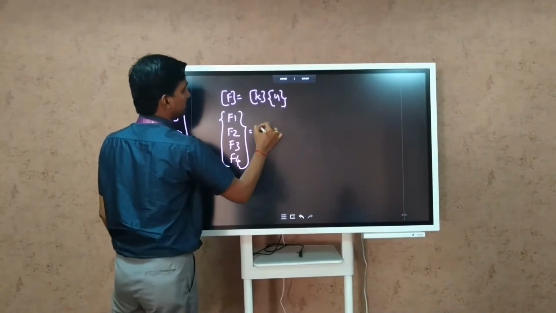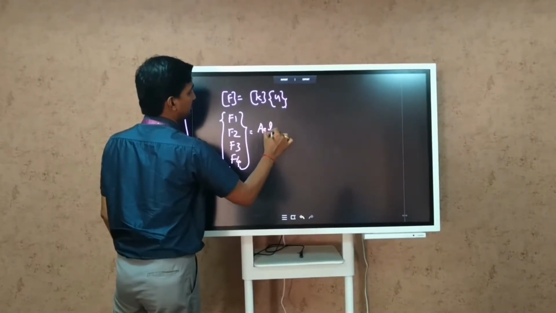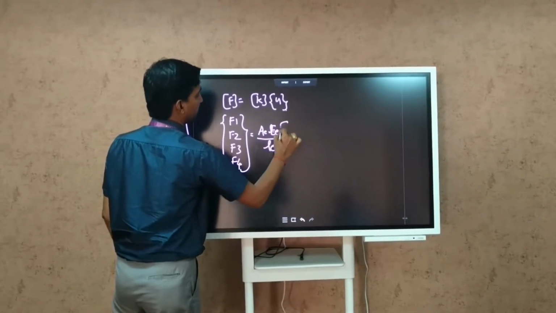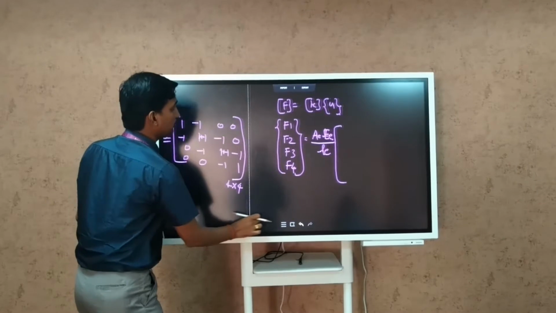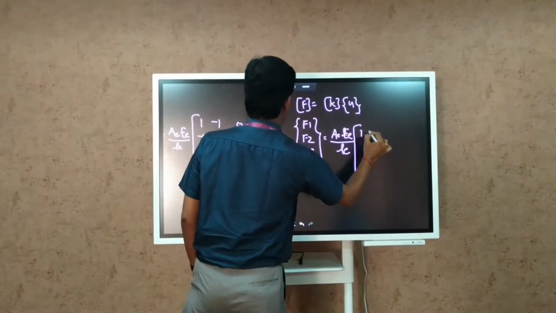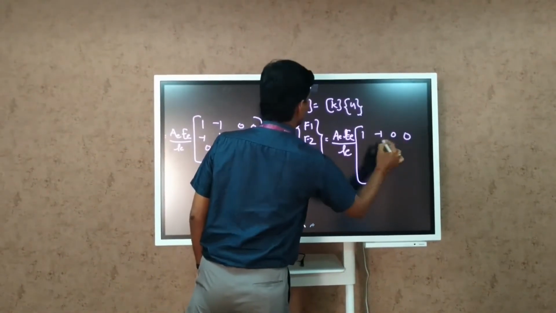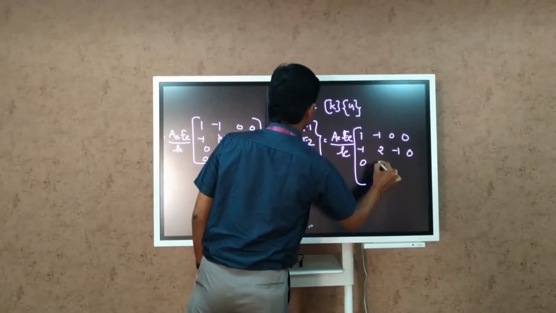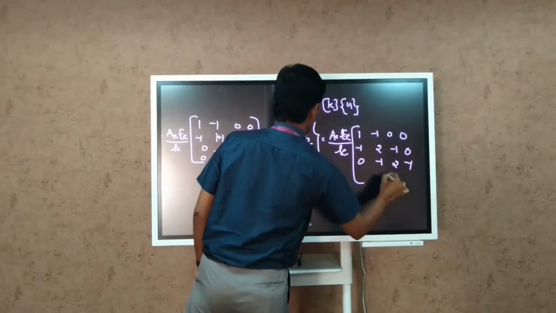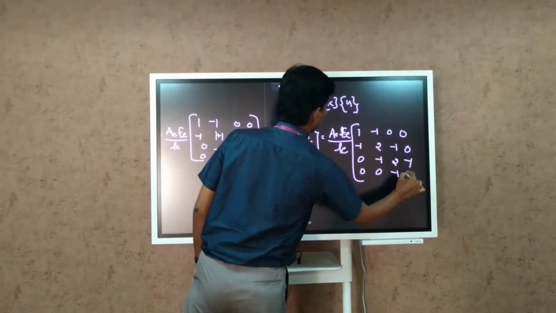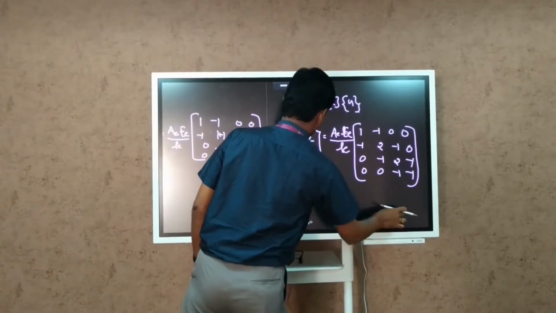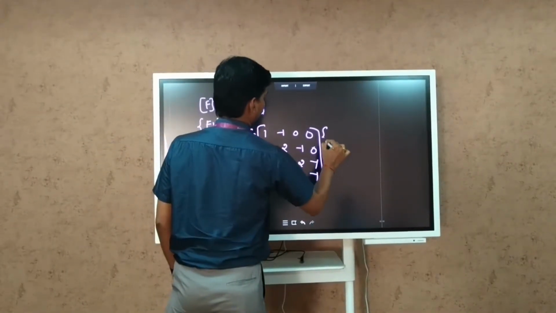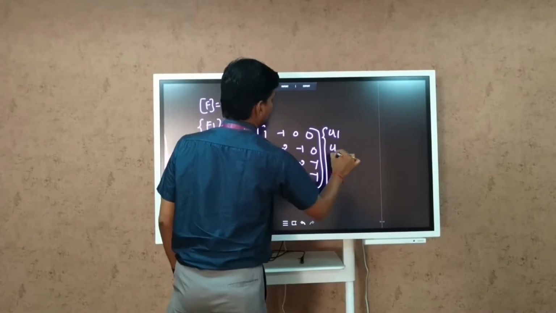Similarly, this K is AE divided by LE, then this value has to be written over here: 1, -1, 0, 0, -1, 2, -1, 0, 0, -1, 2, -1, 0, 0, -1, 1. Then this elongation.